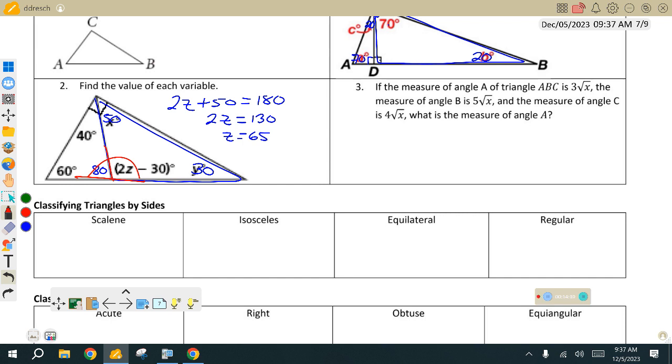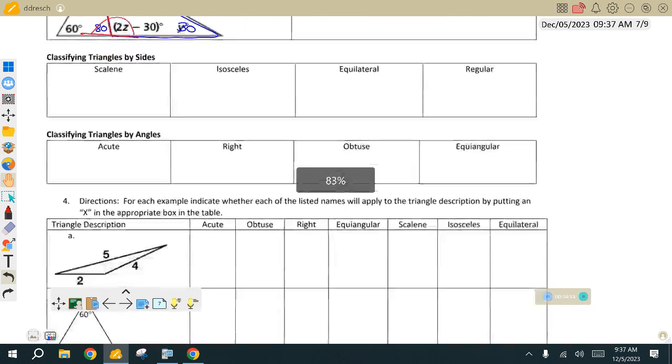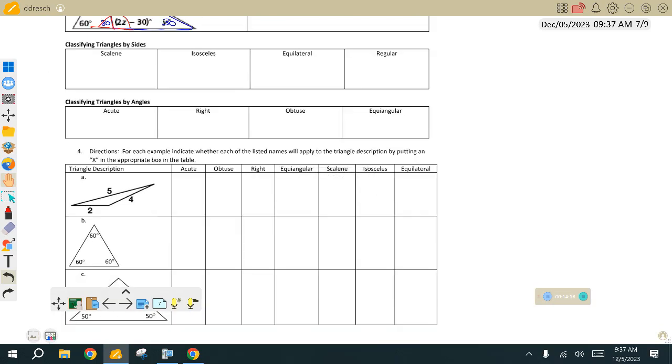All right, so now what I want you to do here is I'm going to put a couple minutes on my clock, and I would like you using your buddy to try to go through and give me some definitions. Nothing fancy. You can do it with your pictures. You can write in words on classifying triangles by sides, then by angles.